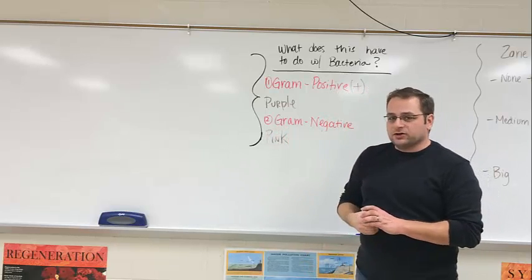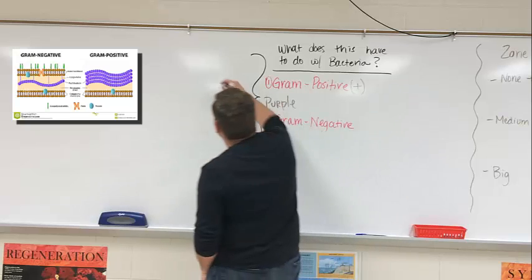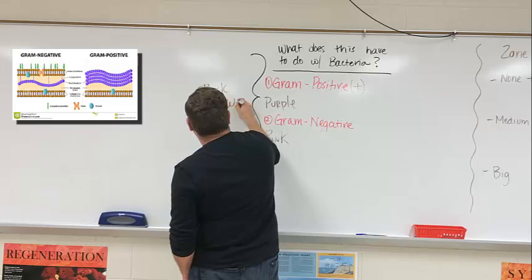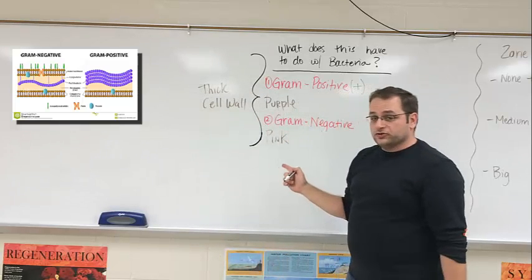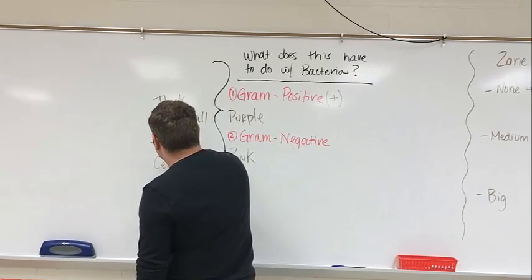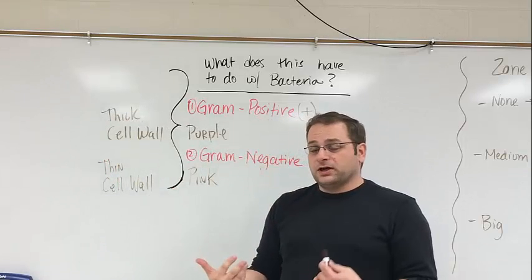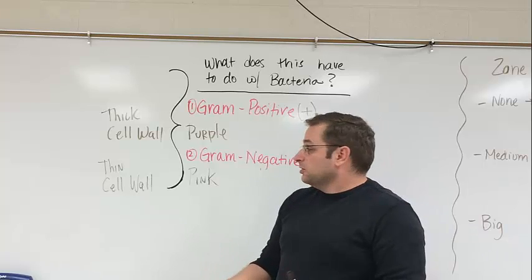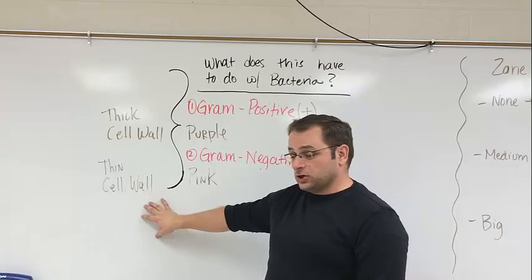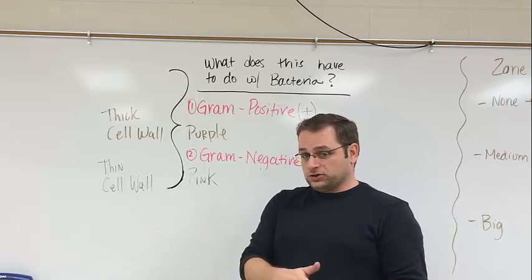Gram-positive cells are known for having a thick cell wall. Gram-negative ones are known for having a thin cell wall. Depending on the ability of the antibiotic to fight it, some will work better on a thick cell wall, and some will work better on a thin cell wall. Basically that's going to involve the ability of the antibiotic to penetrate the cell.